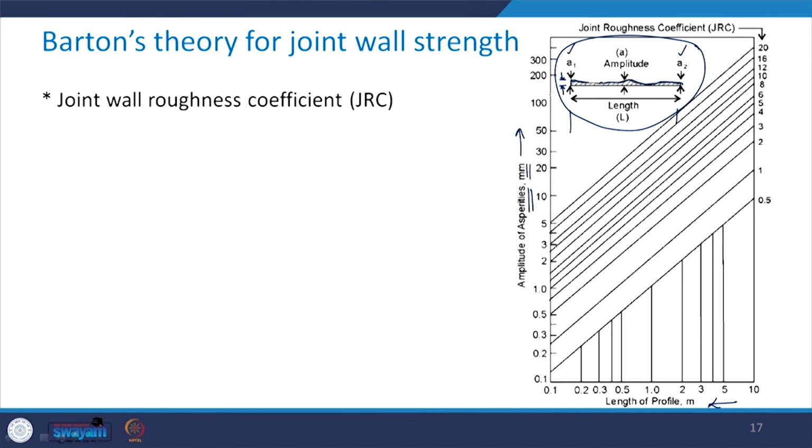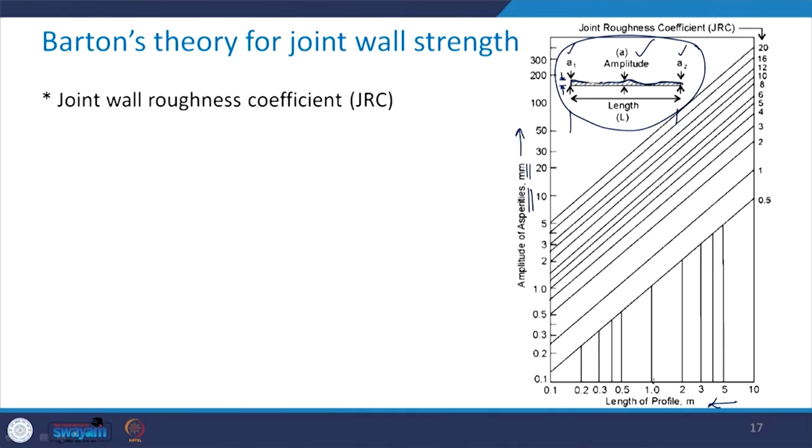You have to choose the length in such a manner that the amplitude is more or less the same. If you have a large variation in the amplitude, then you divide it into different lengths, and for each length you obtain the average value of the amplitude.